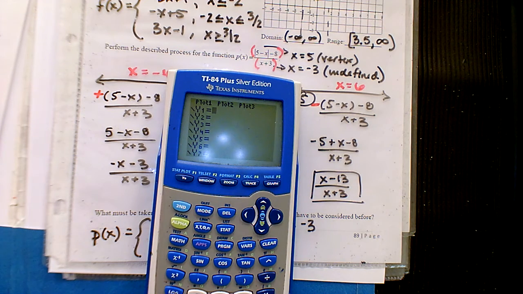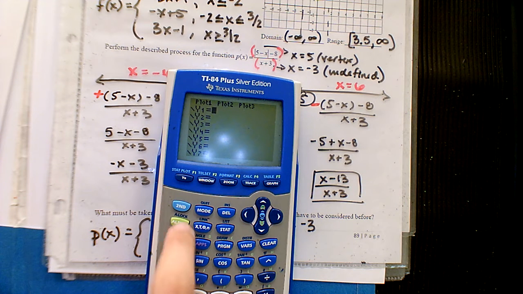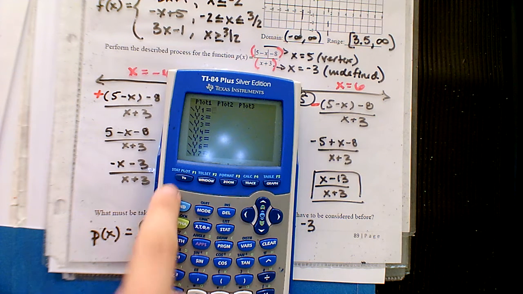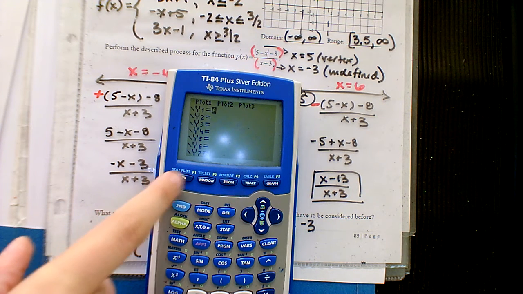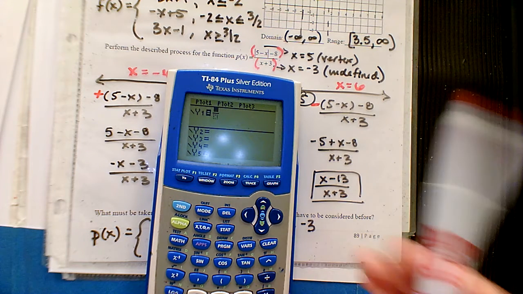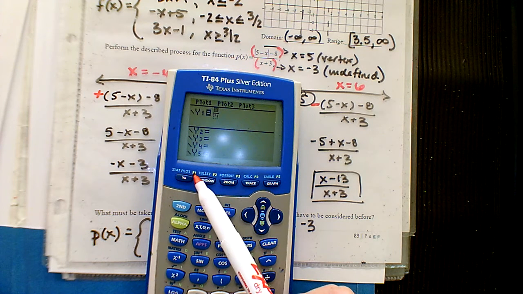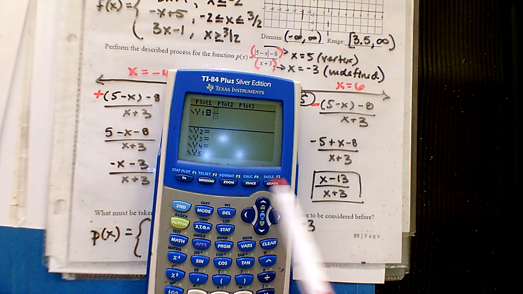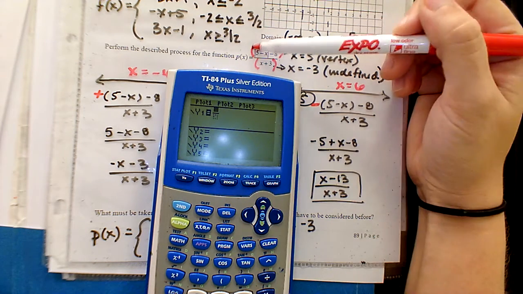If you push alpha y equals, you can just make an actual fraction. Alpha, and then y equals, and then just enter numerator over denominator. You could do that. To be honest, I'm not too familiar with the F1, F2, F3 commands.